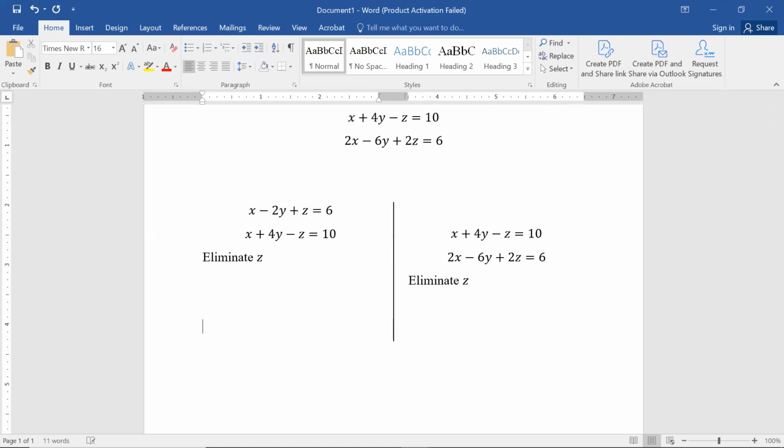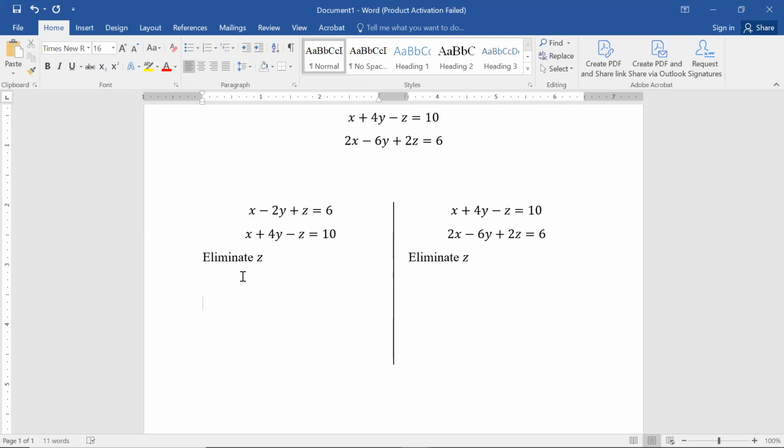Now, in this first half, you'll notice that to eliminate the z's, all I have to do is add the equations together. It's already set up like an elimination method where I can add the two equations together and eliminate a variable.